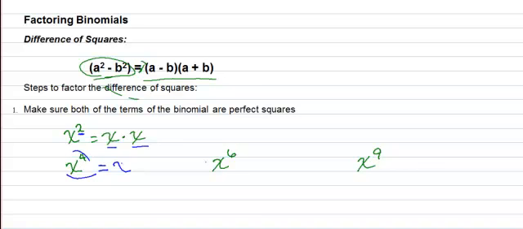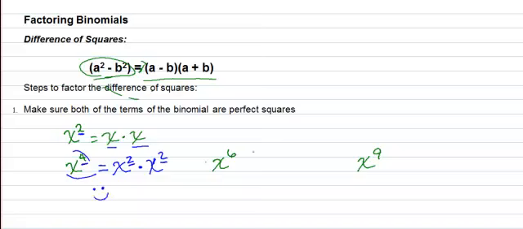So if we multiply x squared times x squared, remember going back to last chapter when we talked about exponents and like bases, when we have like bases, we add the exponents. So 2 plus 2 is 4. So this is a perfect square, x to the fourth.